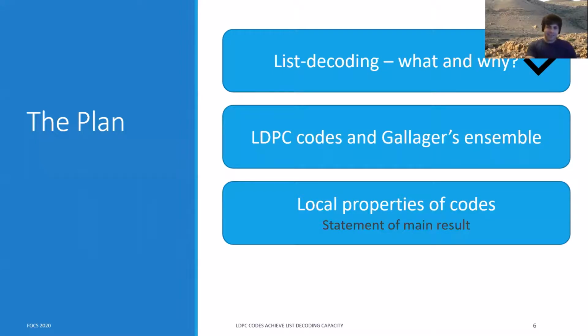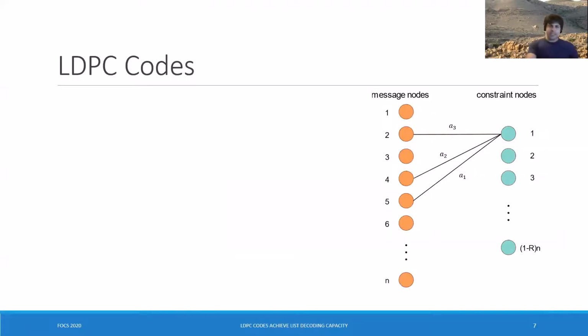This leads us to our next subject, which is a more specific, more structured family of codes known as Gallager's ensemble of LDPC codes. In order to explain what LDPC codes are, I first need to give you another way of describing any linear code, and that's the graph view of a code.